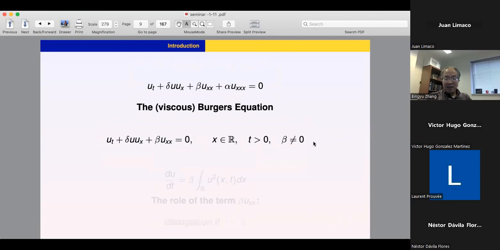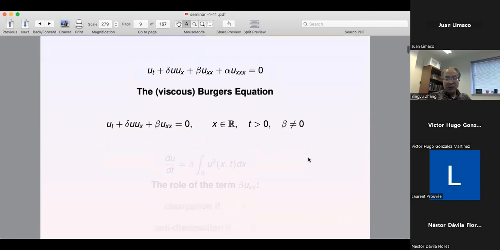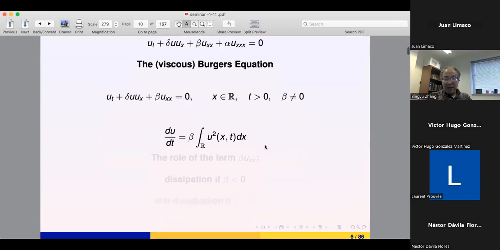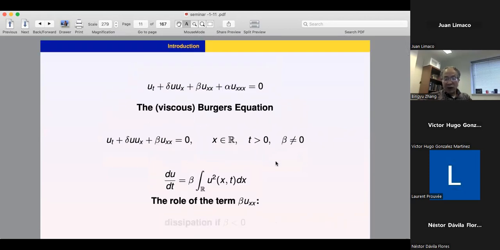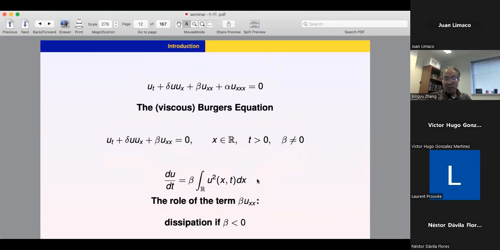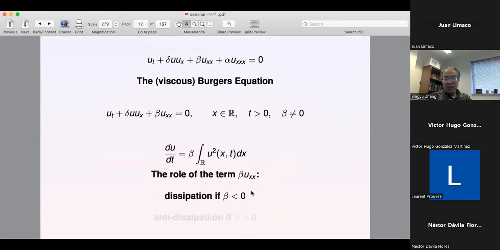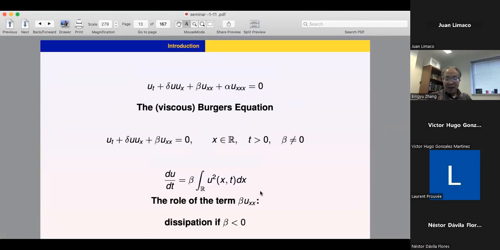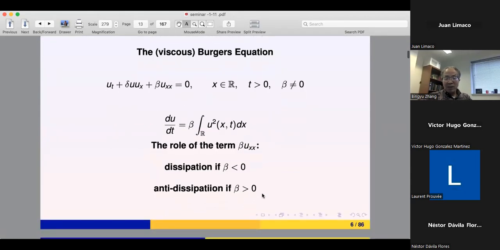Included in this class, we also have the viscous Burgers equation. If alpha is 0, you get a Burgers equation. As you can see, the role of the term beta u sub 2x is dissipation if beta is less than 0, but if beta is greater than 0, then you get anti-dissipation.